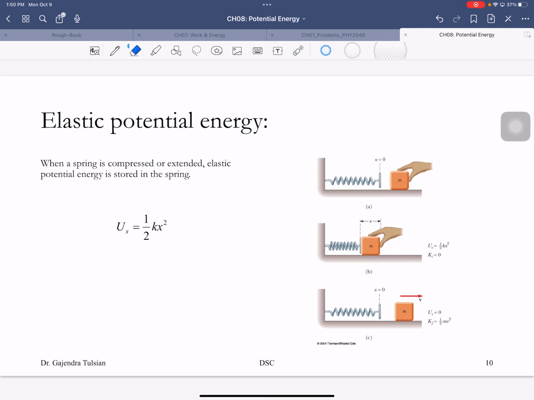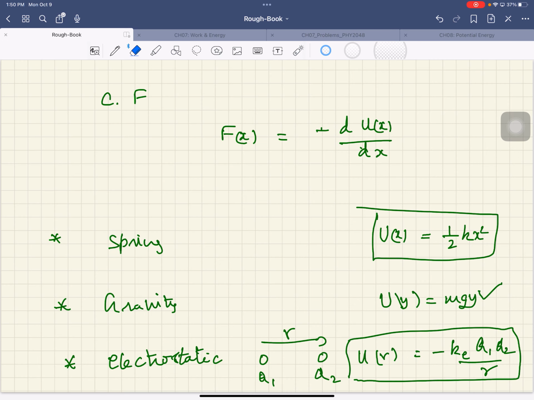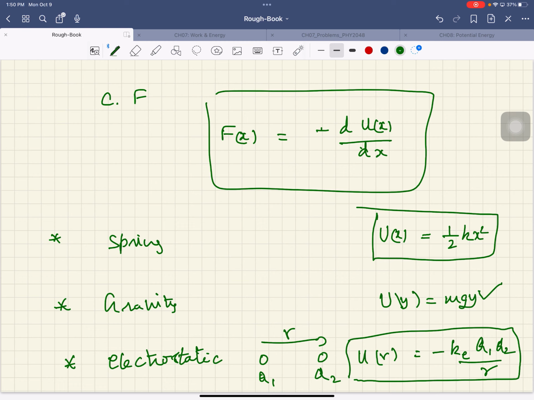So what was this chapter about? This chapter was about forces that can be given as the derivative of a potential energy function. These are the two forces you'll see, and these are their potential energy functions. What does it do for you? If you have to calculate the work done by these two, it's very easy to do.